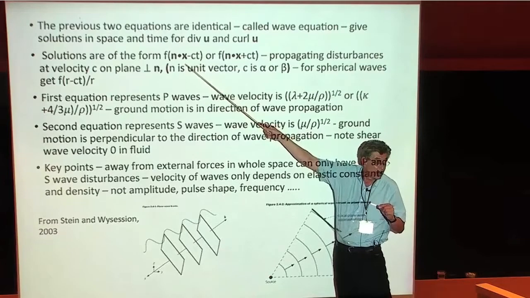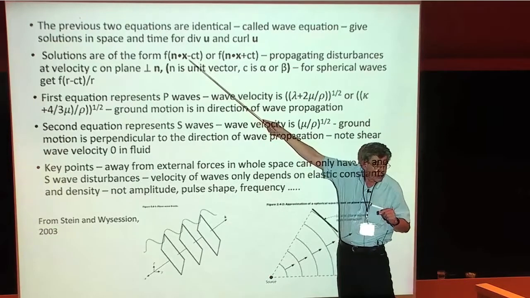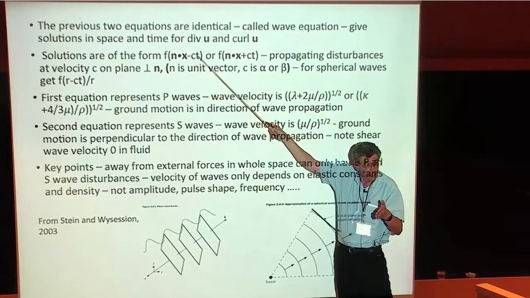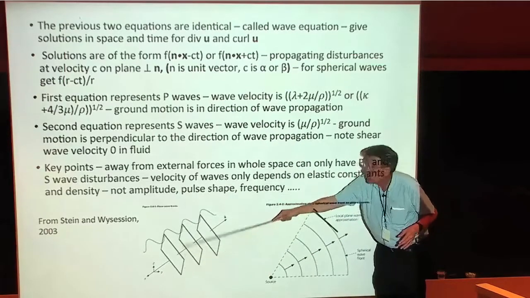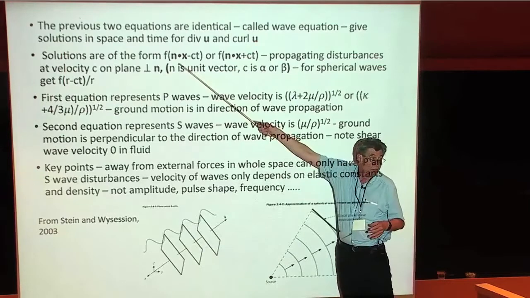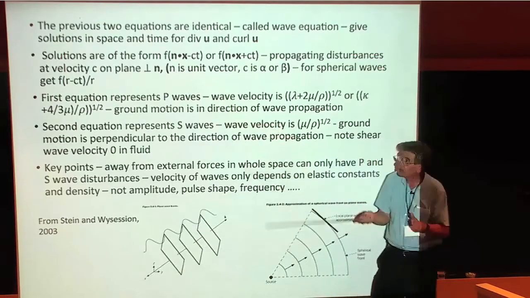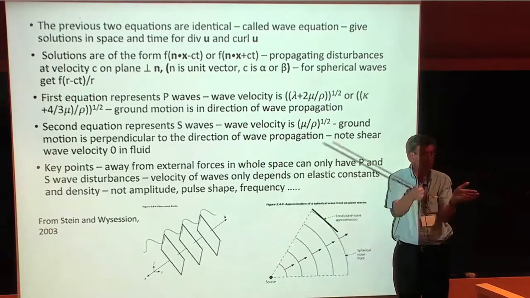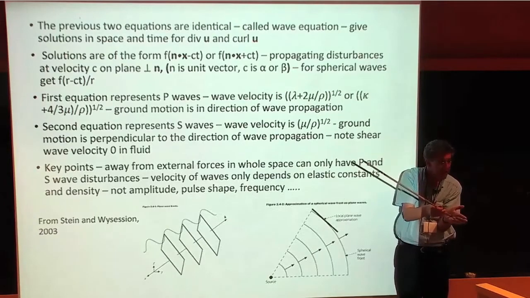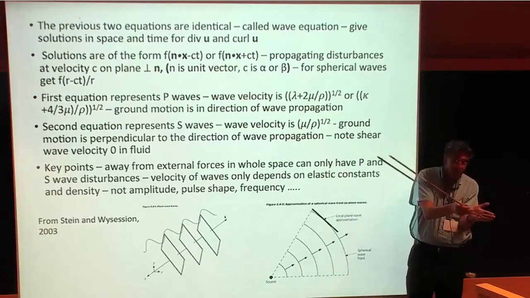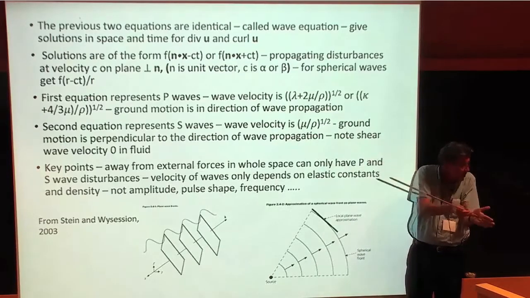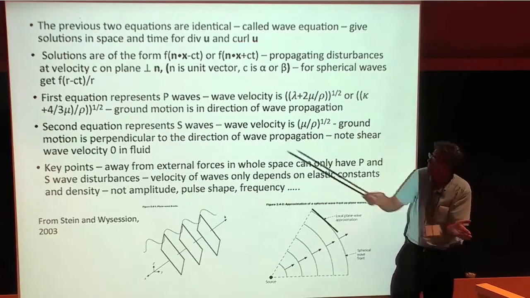So what does this represent? N dot x minus ct. It actually represents a plane in space perpendicular to the vector n hat. So if you give me an n hat, then that's describing a plane perpendicular to that vector. And if the solution is of this form, it represents a disturbance on that plane, whatever f has at, say, time equal to 0.